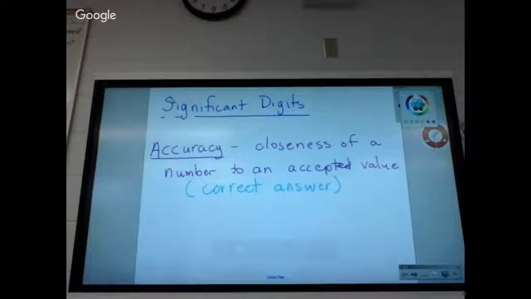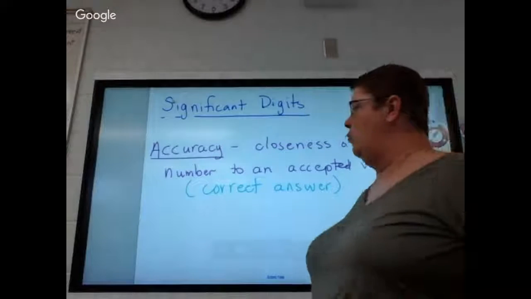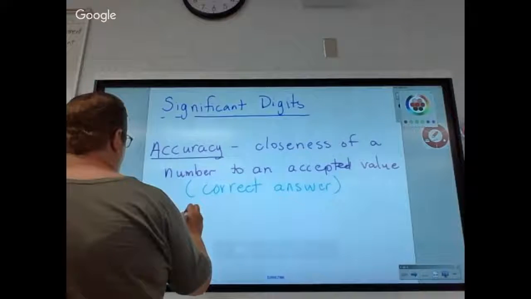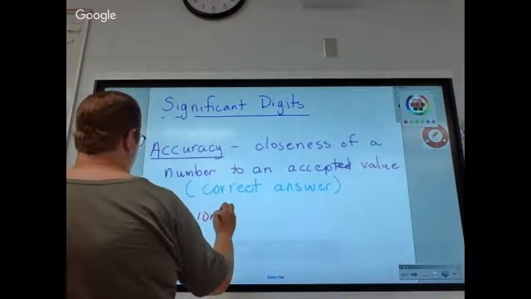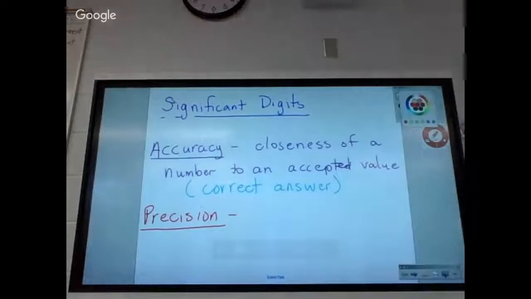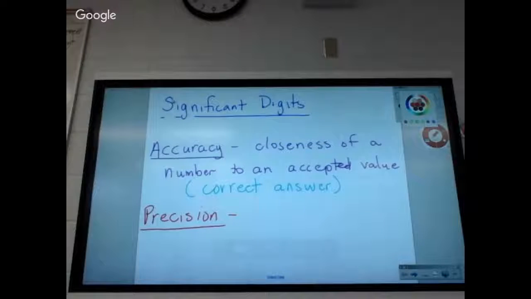Now, in science class, we have another word called precision. In the English language, we often swap these two words, accuracy, precision. You use those words in English class, Miss Order or Miss Legends would know what you were referring to. It wouldn't be an issue. But in science class, accuracy and precision do not mean the same thing.